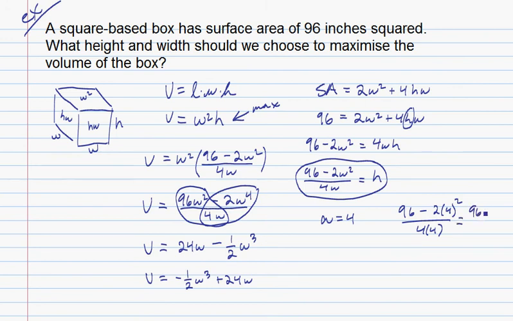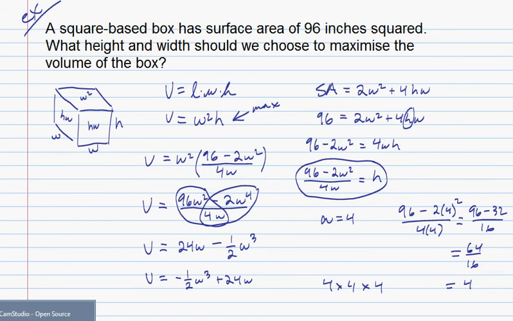That would be 96 minus 32 all over 16, which would be 64 over 16, which is actually 4. So the dimensions, if you want to know the dimensions, it would be 4 by 4 by 4 tall, which would be volume of 64.